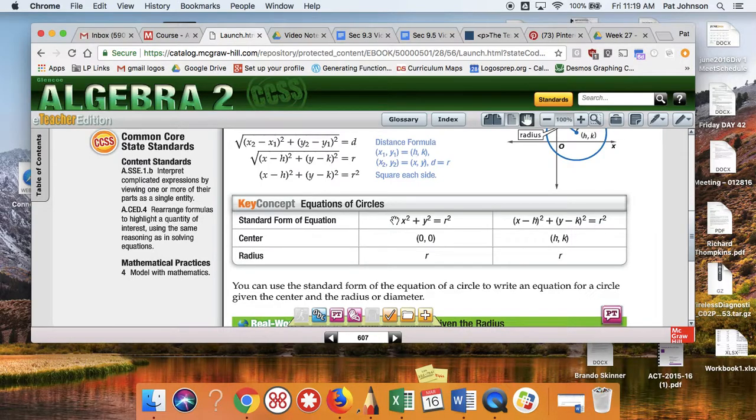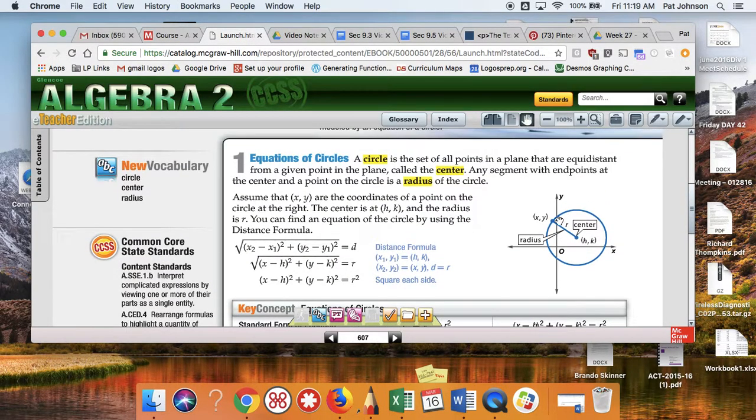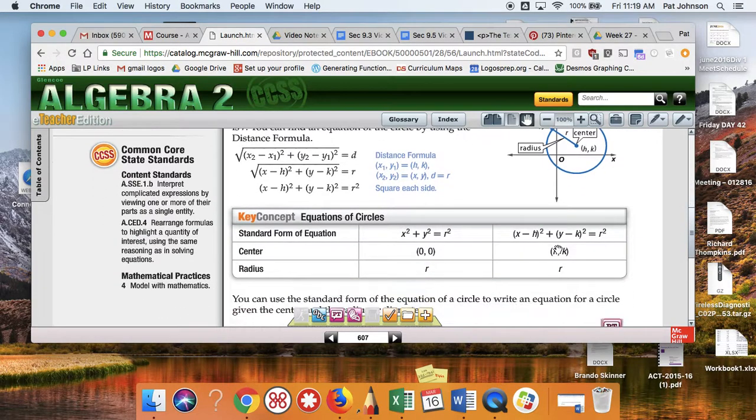So the standard equation when the center is at the origin, 0, 0, is x squared plus y squared equals r squared, and the square root of r squared, which is r, is our radius. When it's translated right or left, h, k, the formula is x minus h squared plus y minus k squared equals r squared.